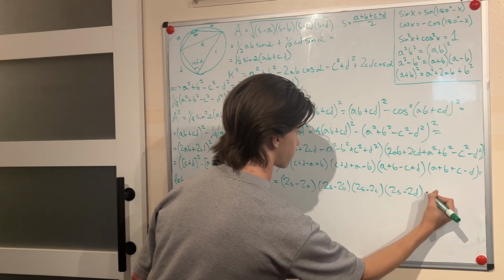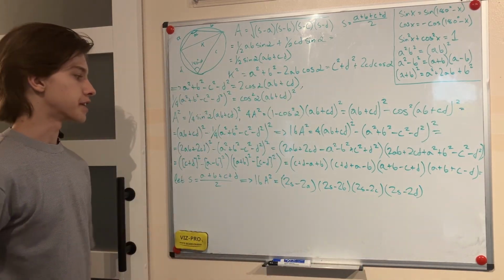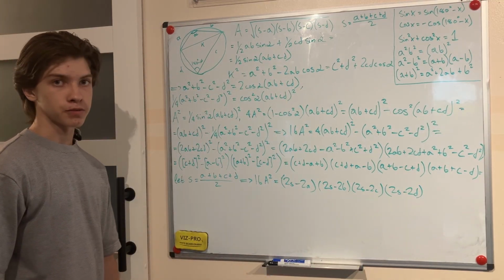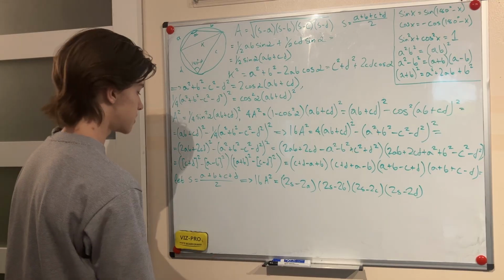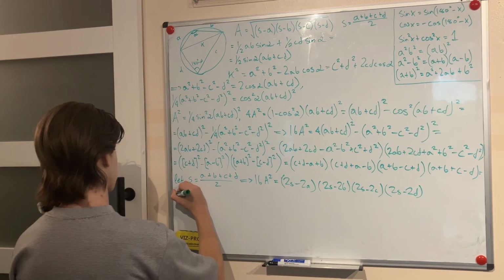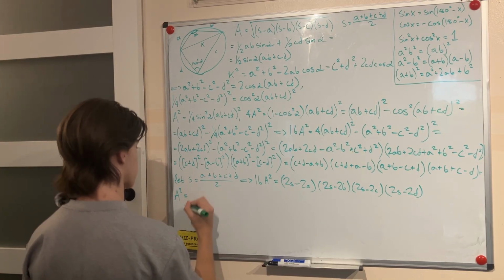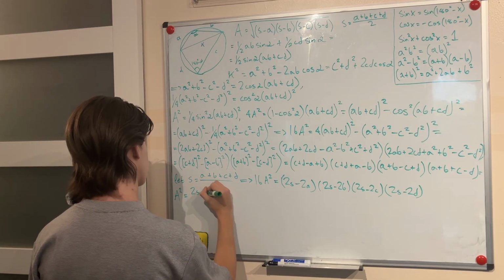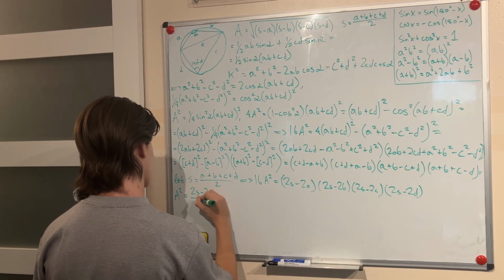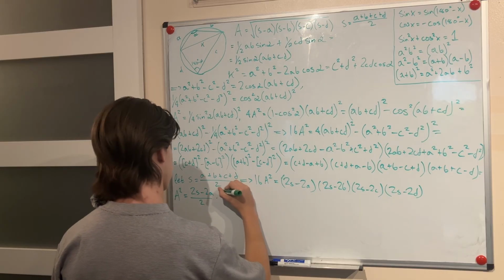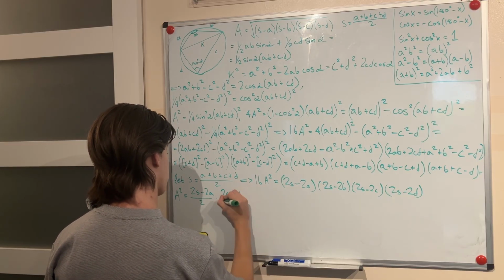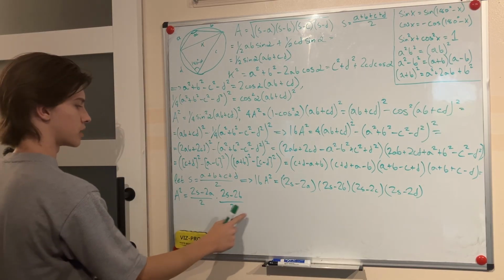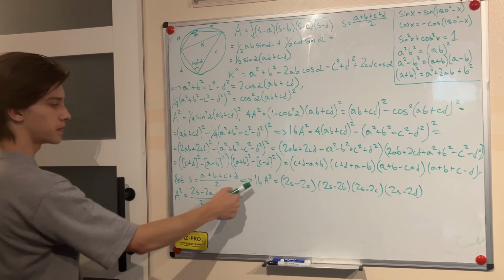All right. And now we are very close. Now what happens if we divide the whole thing by 16 again? We get something very cool. a squared is going to be, imagine dividing each of them by 2: (2s minus 2a) over 2, and so on and so on. Because 2 times 2 times 2 times 2, to the 4th power, is 16.